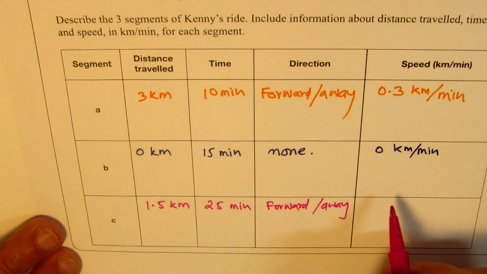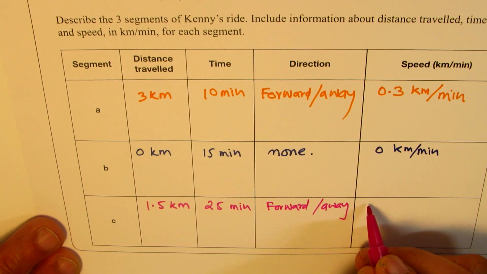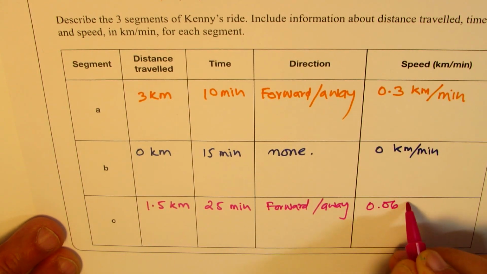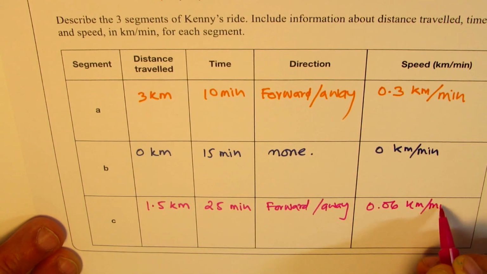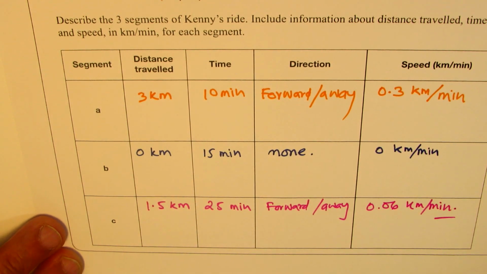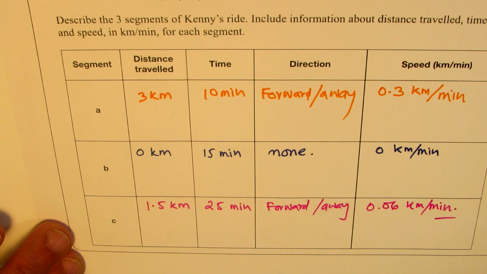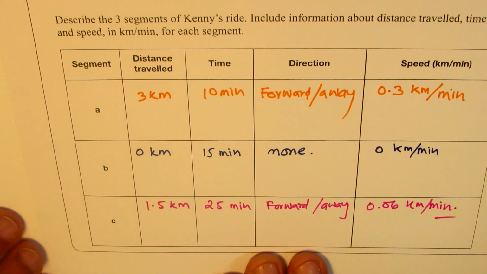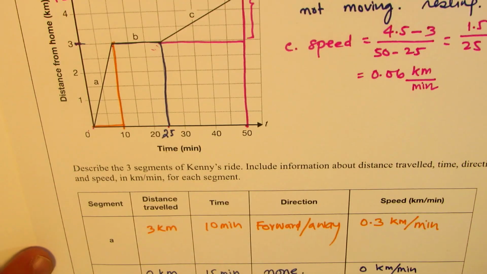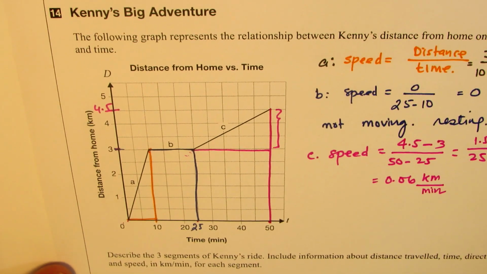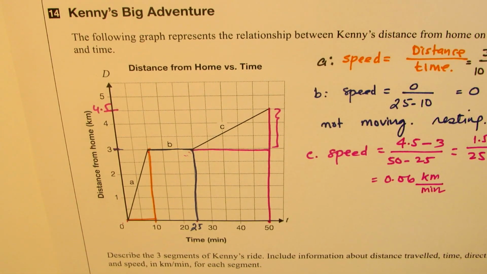Moving away. And the speed calculated was 0.06 kilometers per minute. Is that clear to you, right? So that is how we are going to answer such questions. I hope the concept is absolutely clear. I'd like you to go through this portion of the video once again and understand all these concepts.